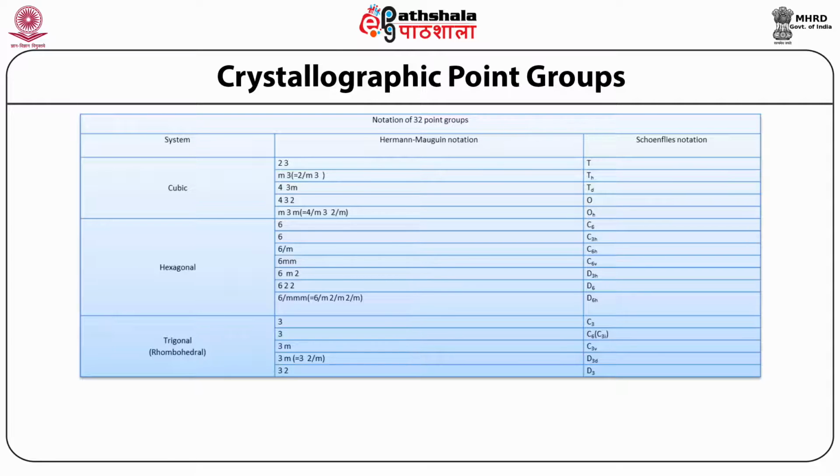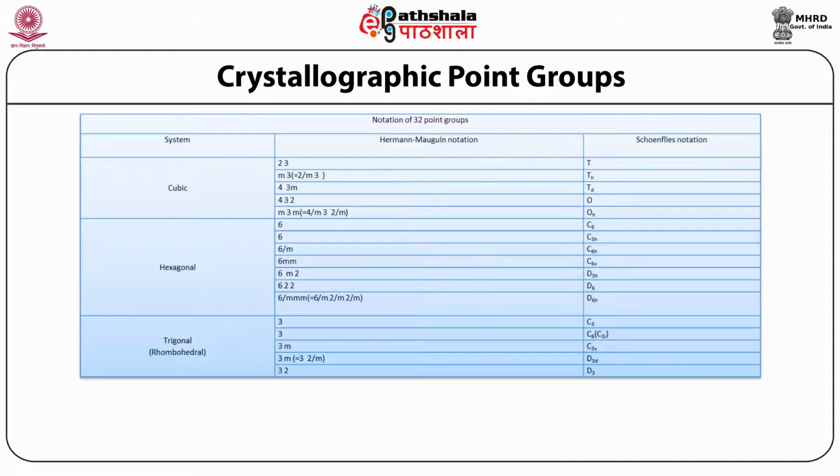Its corresponding Schoenflies notation is capital T with a subscript small d. Then 432, corresponding is Schoenflies notation capital O. The next is m3m in Hermann-Mauguin notation, which is equivalent to 4 by m, 3 bar, 2 by m. Corresponding to it in Schoenflies notation, it is O subscript H.